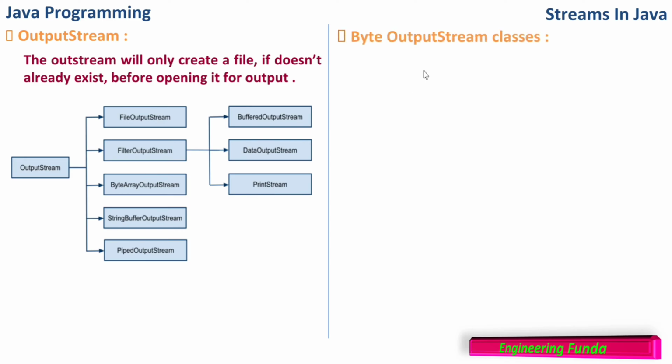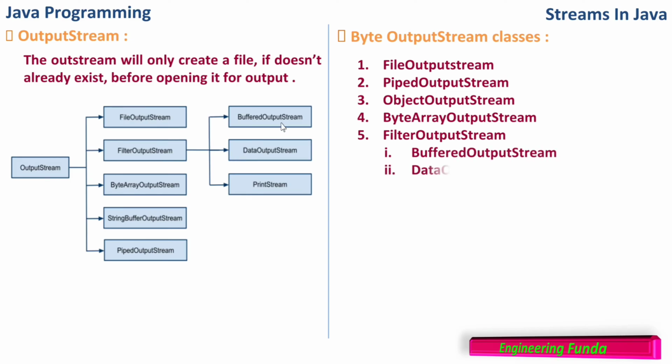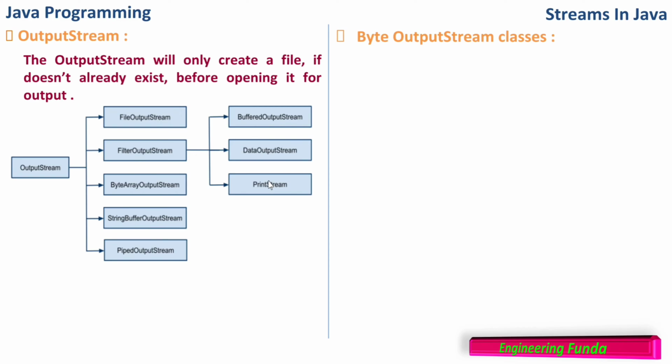Sorry, print stream. So we have file output stream, piped output stream, object output stream, byte array output stream, filter output stream. In the filter we have buffered, data, and print stream. So let us see the description of each of these output streams one by one.